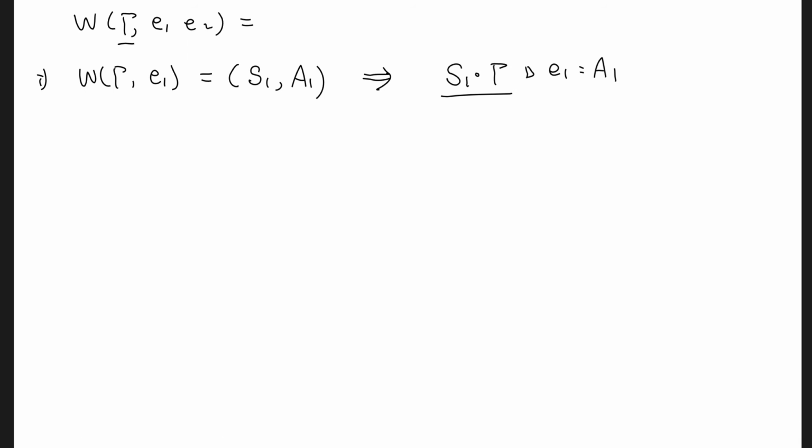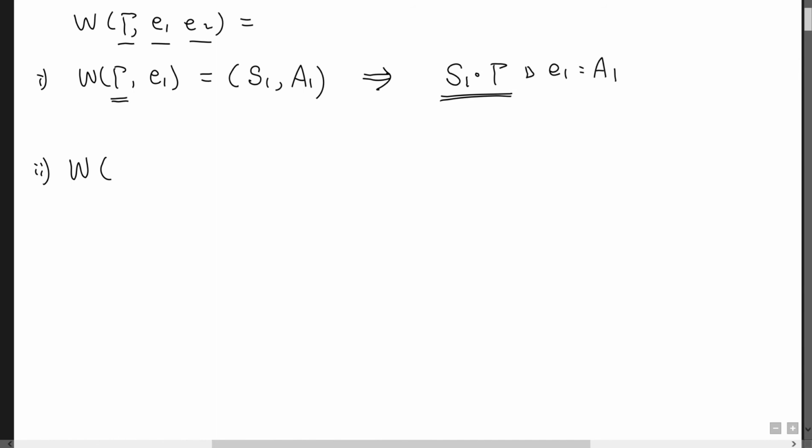Now it's time to analyze the second expression E2. So next, we make another recursive call. This time the typing context has been modified to S1 applied to gamma instead of the original typing context gamma. Under this typing context, the expression E2 produces, let's say, type substitution S2 and return type A2.